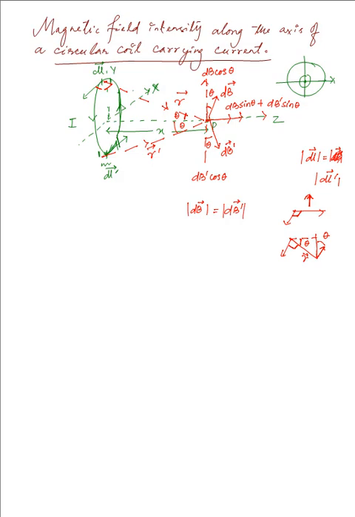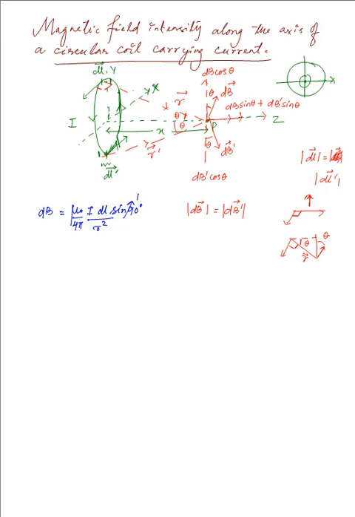So if we consider the magnitude of dB first, then as far as Biot-Savart's law is concerned, dB is equal to mu naught over 4 pi I dl sine of theta, where theta is the angle between dl and r, which is 90 degrees in this case. So sine 90 goes to 1, over the square of the distance, which is r squared.